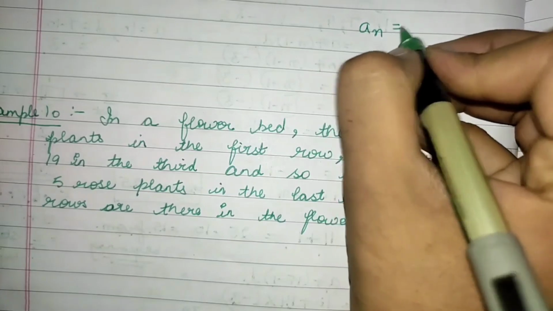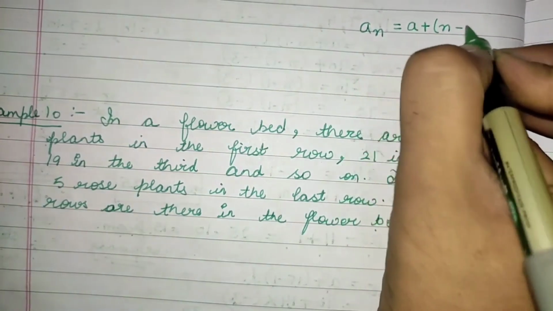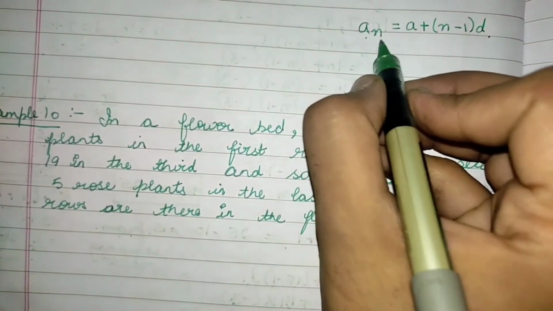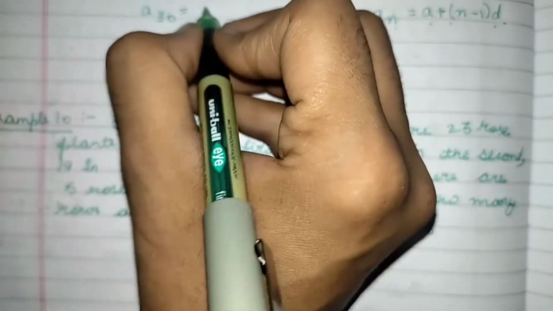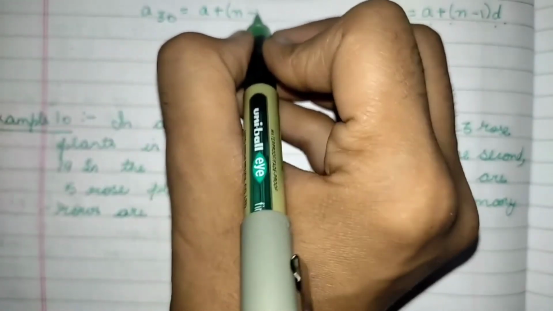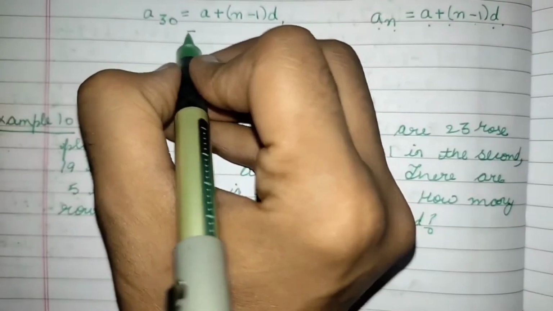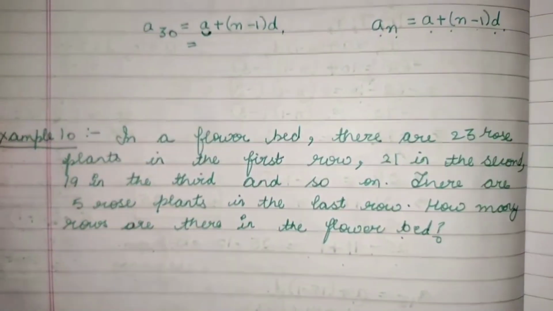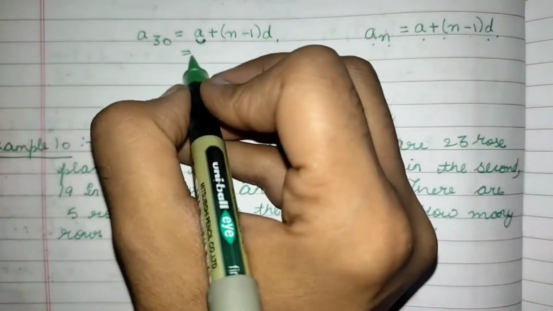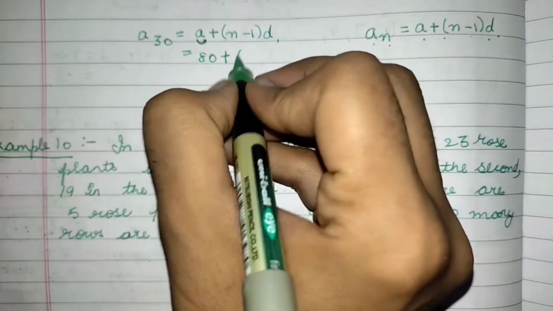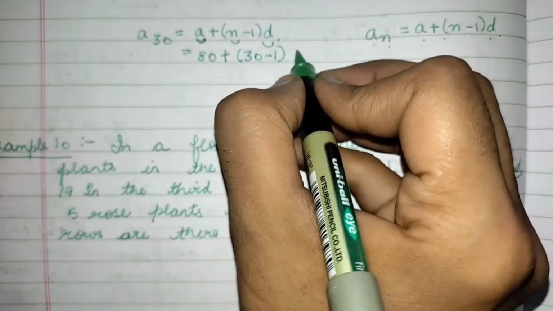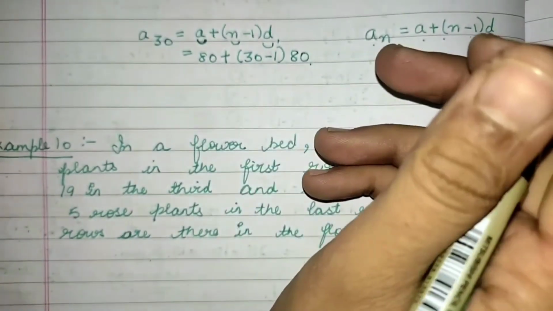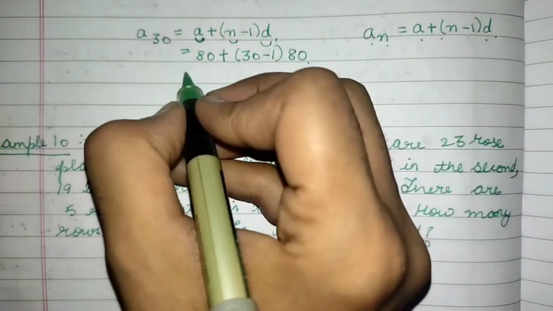You know the formula to find any value in the AP is an equals a plus n minus 1 into d. So we have to find the interest after the end of 30 years. What will I get? a is my interest at the end of the first year, which is 80, plus n is my 30, 30 minus 1 into d. d is the common difference between the interest after the end of each year.